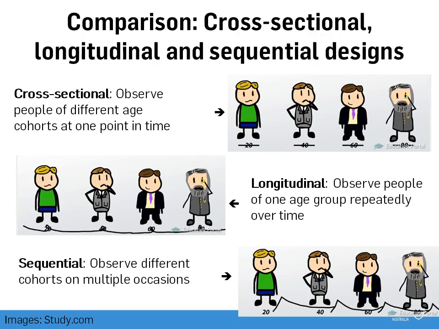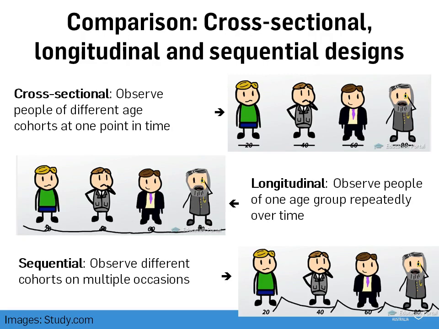So the advantage is that it's quick and easy, but the limitation is that we can't see how people change over time. Another limitation is that we may observe differences between different generations, people at the age of 20, 40, 60, 80, but it may have to do with what's developmentally typical for a particular age, or it may have to do with the experience of a particular generation growing up within a particular historical and cultural context.